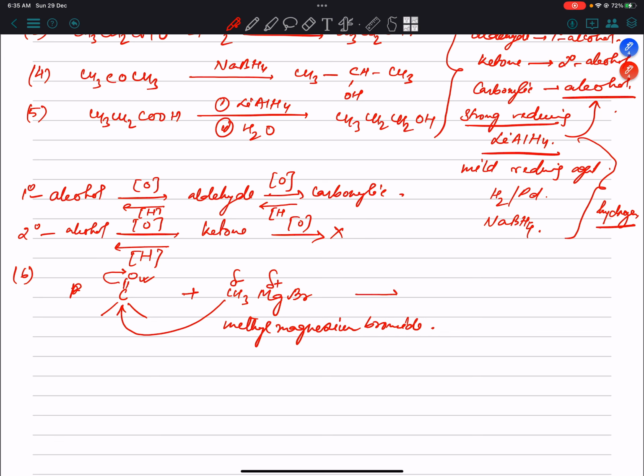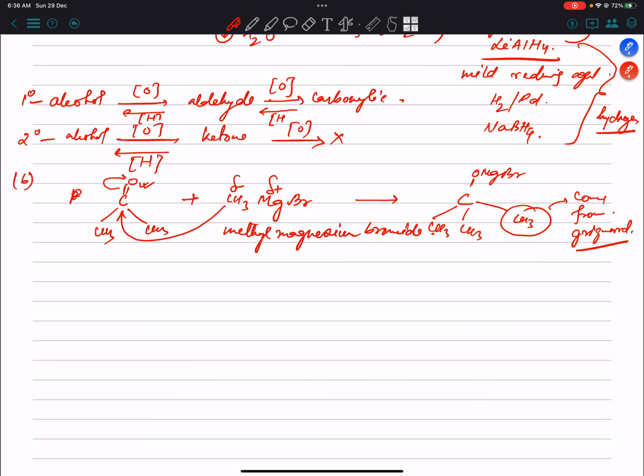So the product is O MgBr with CH3 groups, where one of the CH3 comes from Grignard reagent. This reaction is a step up reaction.